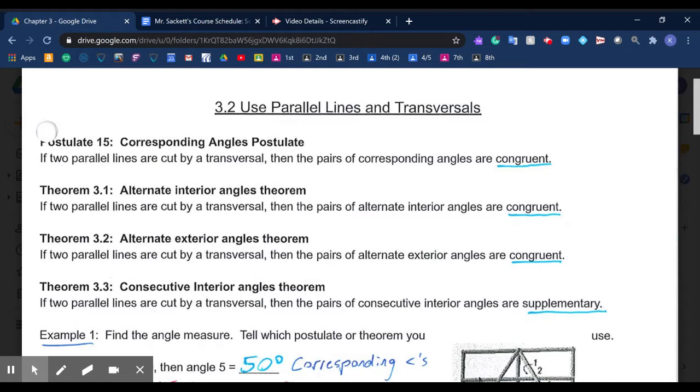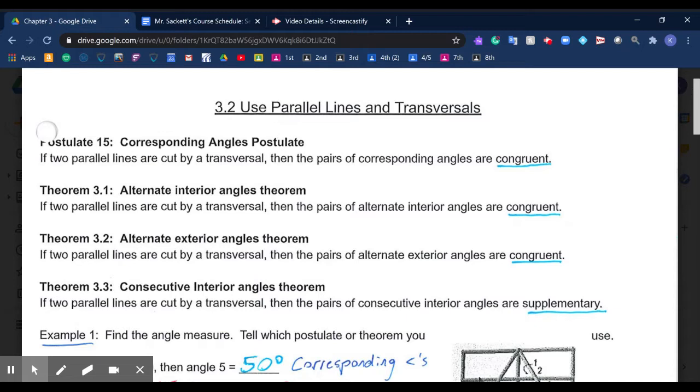So now, based on that one postulate and two theorems, we know when we're dealing with parallel lines and a transversal that corresponding, alternate interior and alternate exterior angles are all congruent.